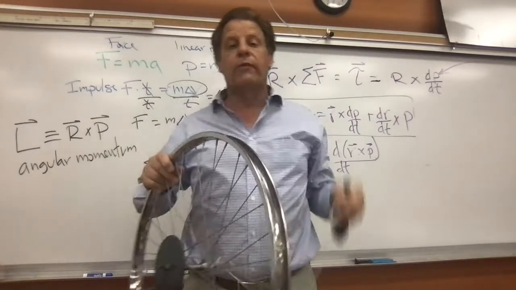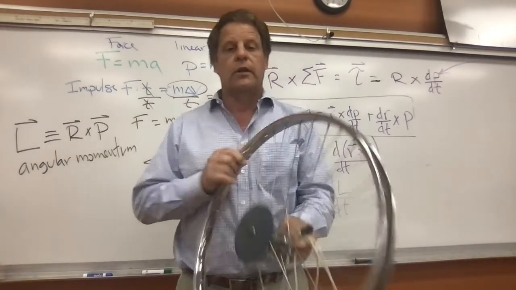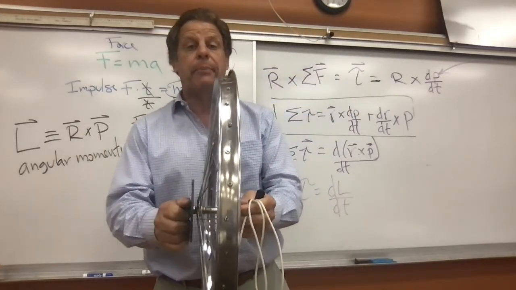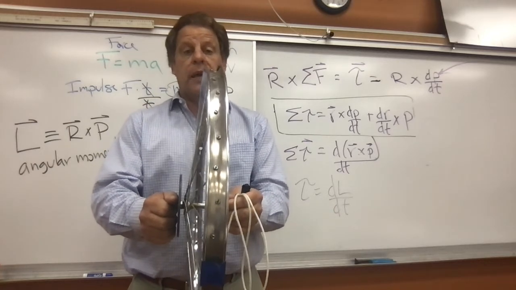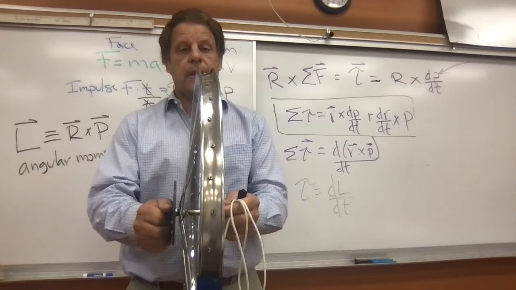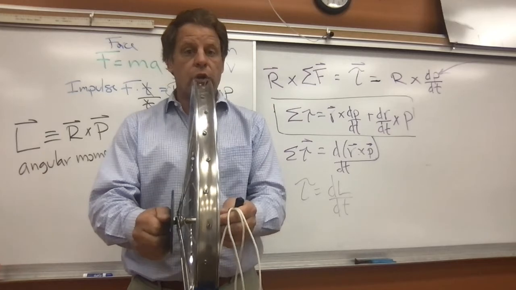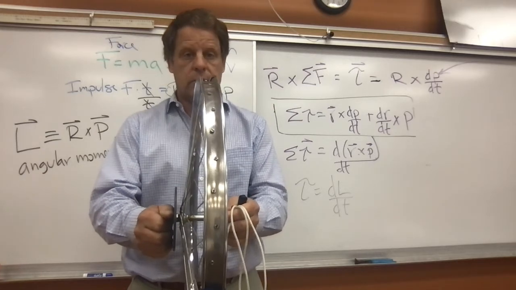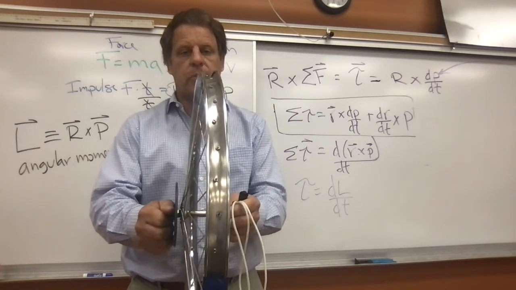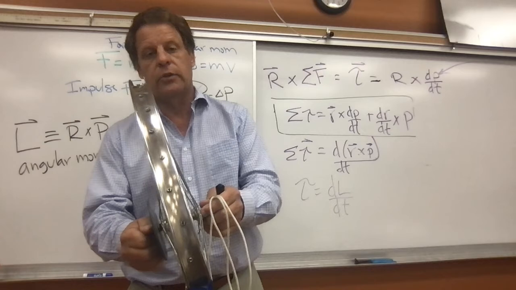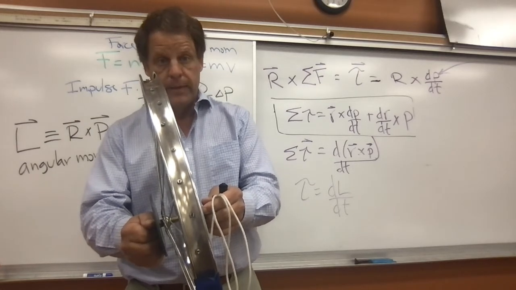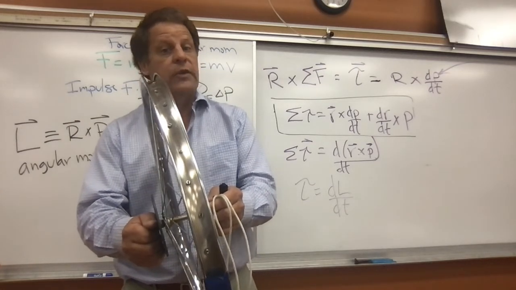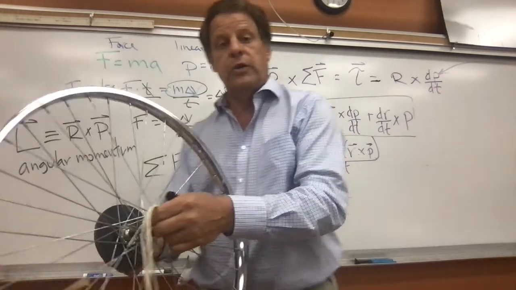Okay, did you ever wonder why, when you were riding a bike, and you wanted to make, let's say, a right-hand turn, you don't turn the steering wheel? You don't change the handlebars, right? All you do is lean into it, and when you lean into it, you're essentially applying a torque, and the direction that it's going to precess is to the right.